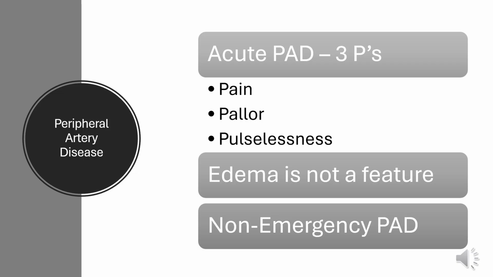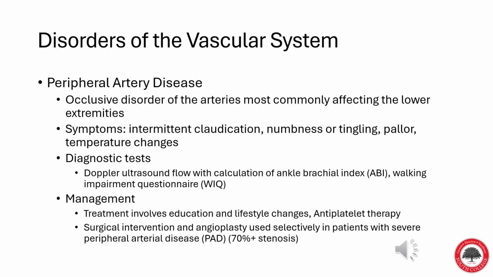Stop smoking. You should do all the things like statins, and an anticoagulant or antiplatelet if indicated. So go ahead and read about all that, because you need to know it for practice and for your boards. On this slide, you'll see a little more about the specifics of the management of peripheral arterial disease. You can review that here and in your textbook.